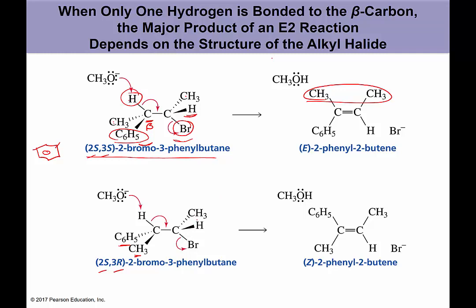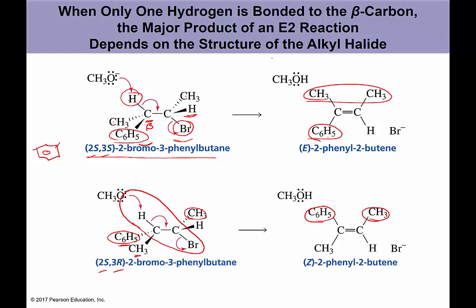In order to get an anti-configuration, this group is in the back and this group is in the back, and as a result, when beta elimination occurs, that is this mechanism here, this group, the phenyl group, is on the same side as the CH3 rather than like it is here.